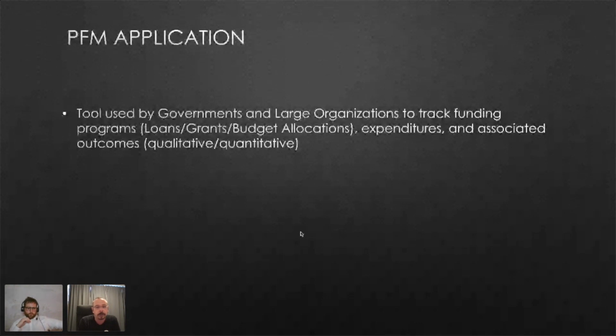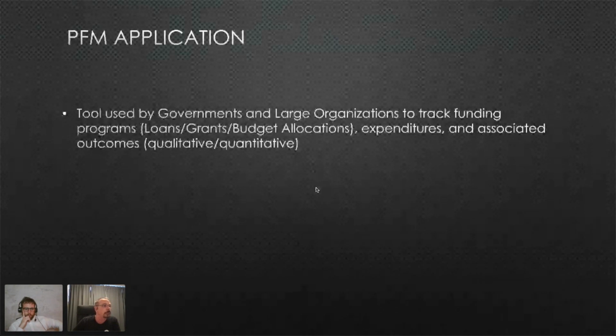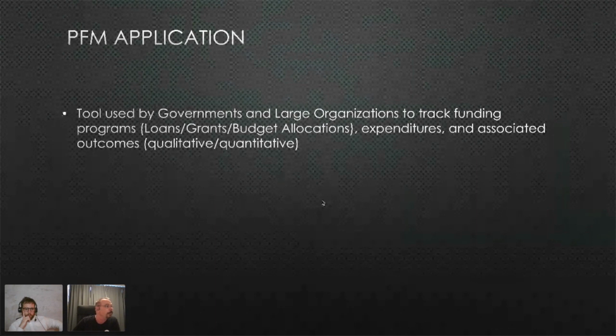Some of those are direct dollar allocations. Some of them are loan and grant programs. And then tracking the associated expenditures of those programs and also the outcomes. So that really is the essence of what our tool should be doing.